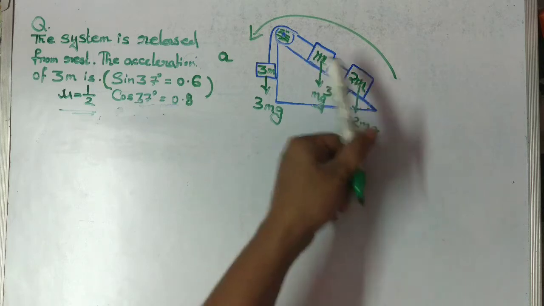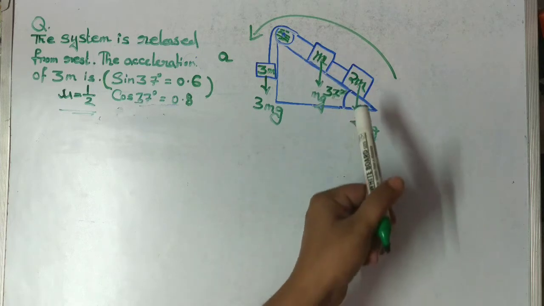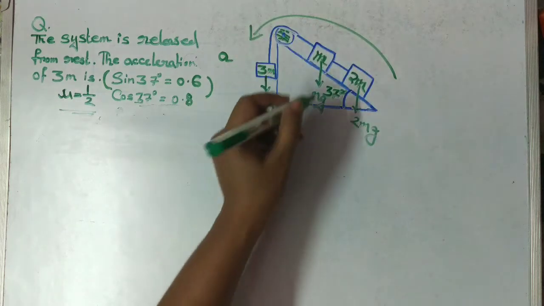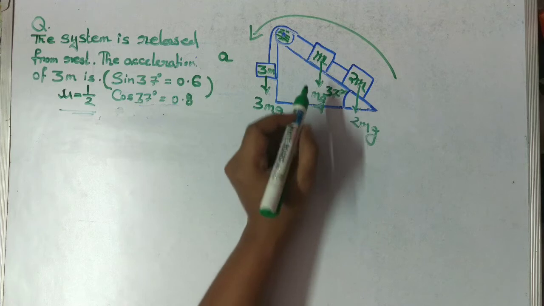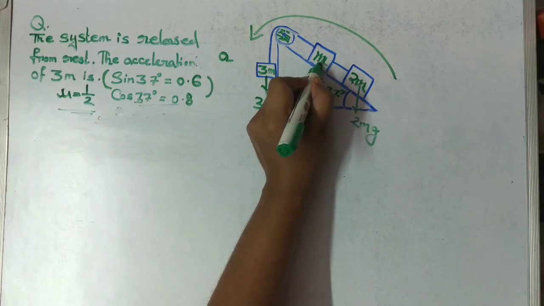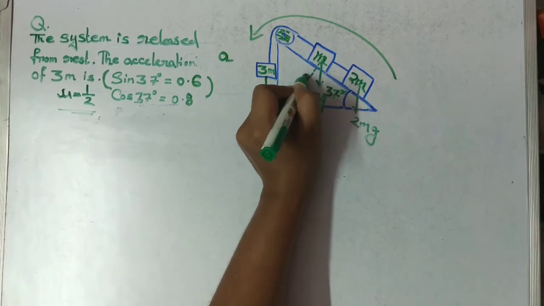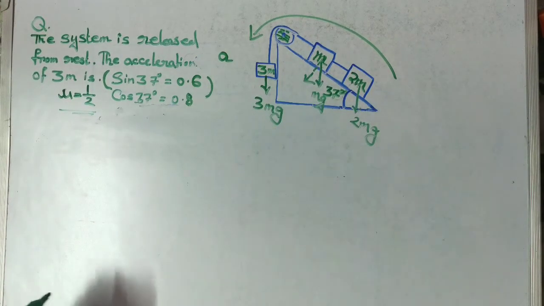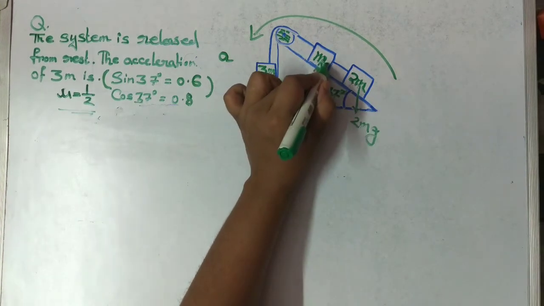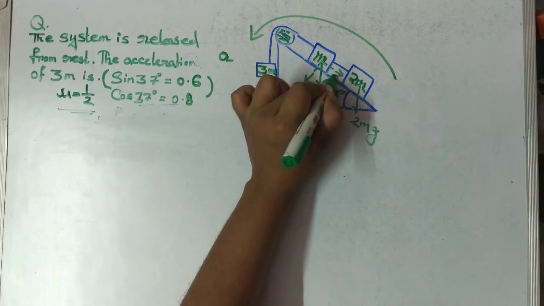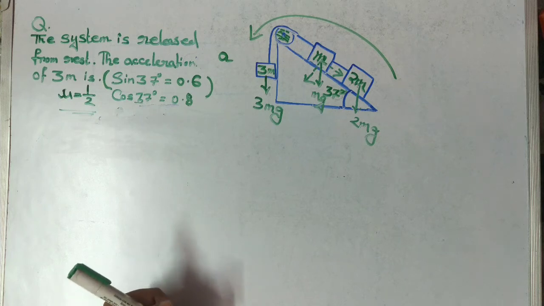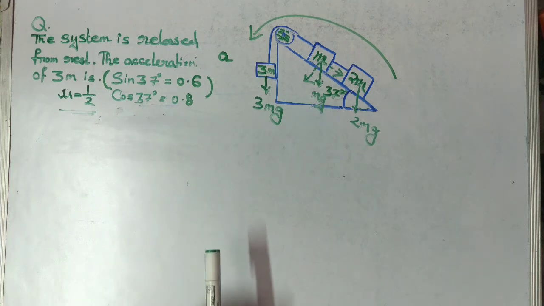Now m and 2m are on the inclined plane, which is making an angle of 37 degrees. So if we divide this weight into two perpendicular components, we get a component which is perpendicular to the inclined plane, and another component which is parallel to the inclined plane.